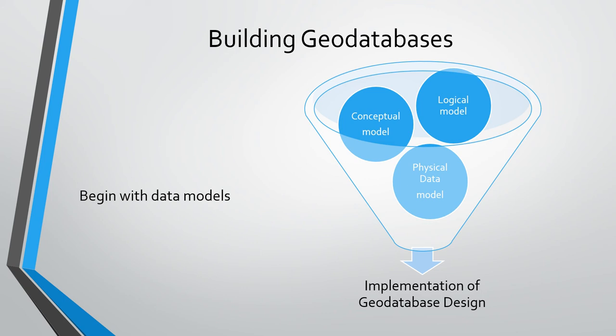And your physical data model is going to be actually putting these ideas and conceptual and logical models together to form something physical, such as actually putting it into a computer or setting up your database. And this is where the implementation of your geodatabase design comes in.